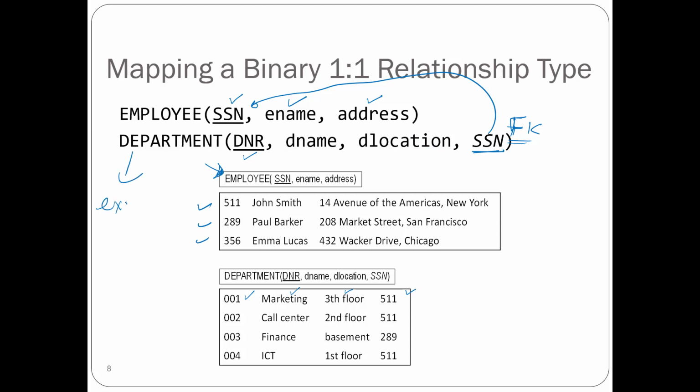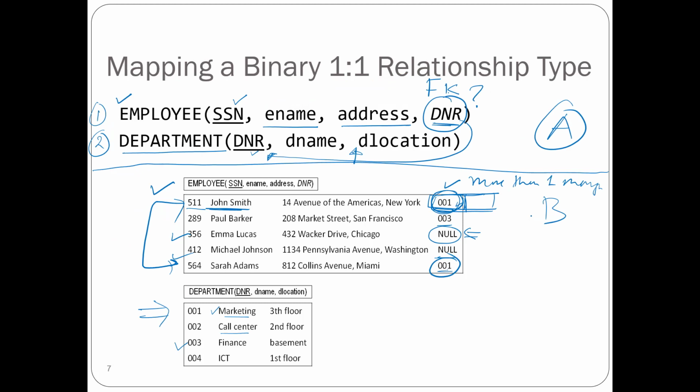Now one thing that we have to do in this implementation is that since the department is existence dependent on employee, therefore the SSN that we have here, the foreign key, should be not null. In the previous mapping, if you remember, we did allow the department number, which was the foreign key for employee in the previous mapping, to have null values, right?